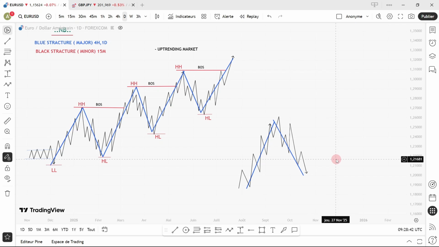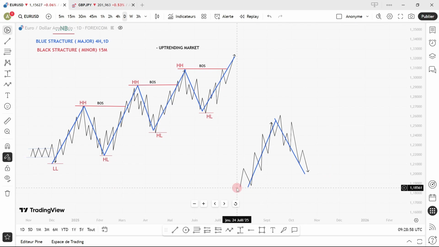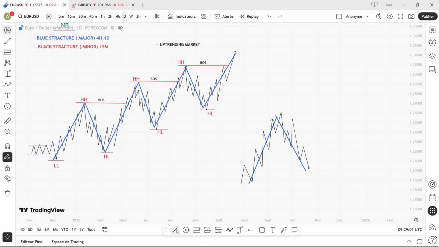So of course, if you're trading a counter trade or a pullback or a correctional move, it is always advisable to know your targets, because this very low right here is never going to be broken.